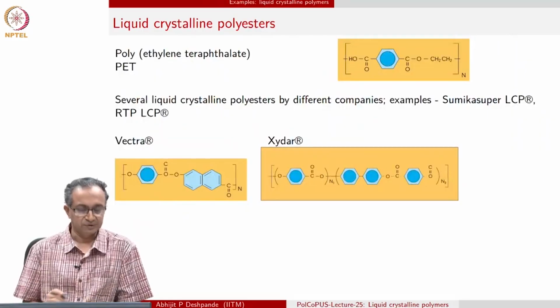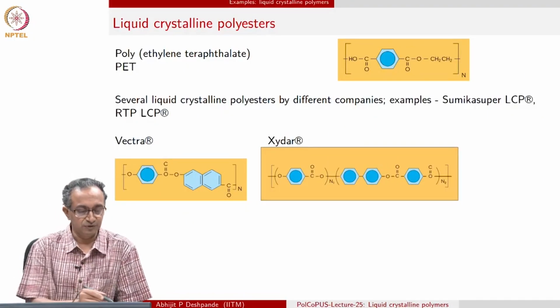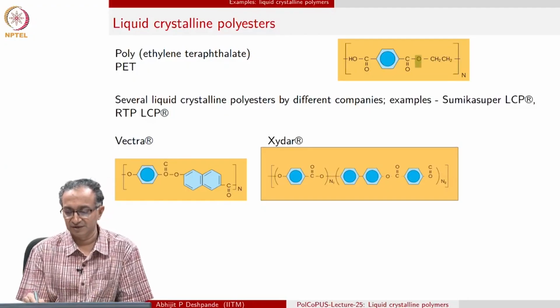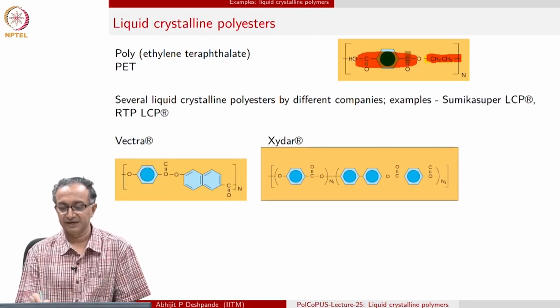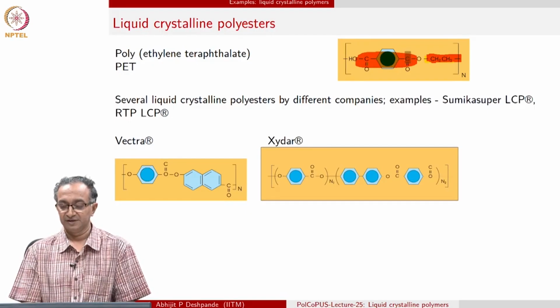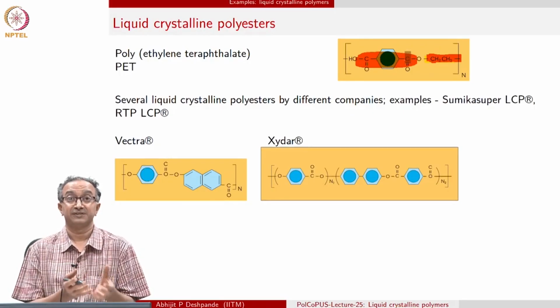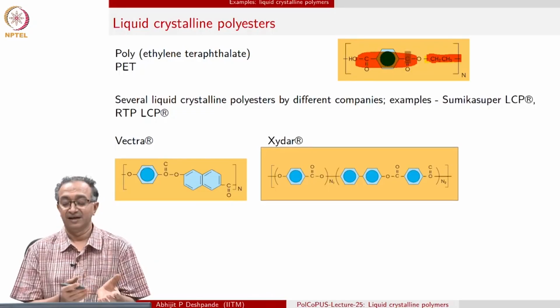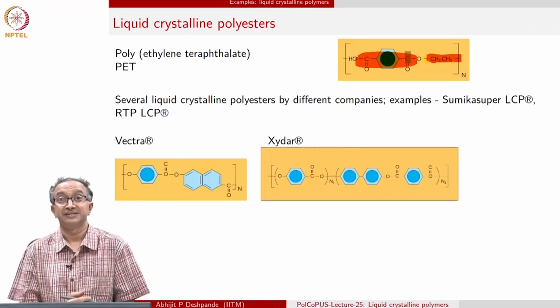So, now let us look at some of the commercially available examples of these, and just to compare, let us look at polyethylene terephthalate. The ethylene group of course gives it flexibility, but we also have the terephthalic acid associated group, and so polyethylene terephthalate has a glass transition temperature of 75 to 80 degrees Celsius, as opposed to polyethylene which is at minus 60 to minus 80 degrees Celsius.